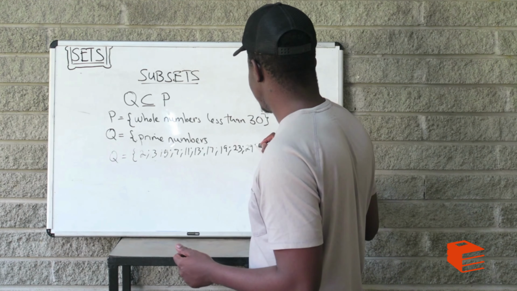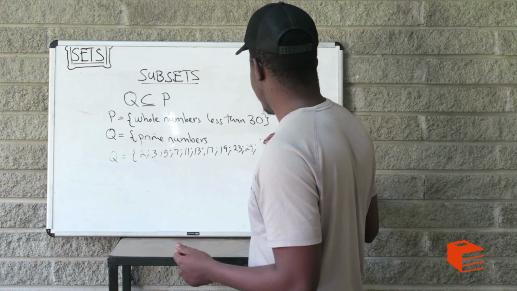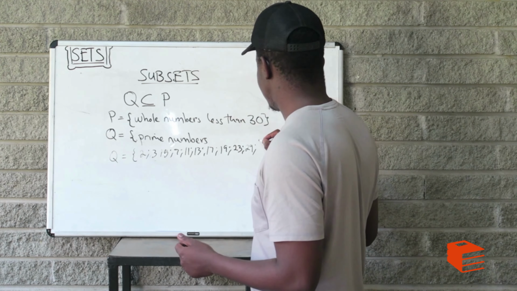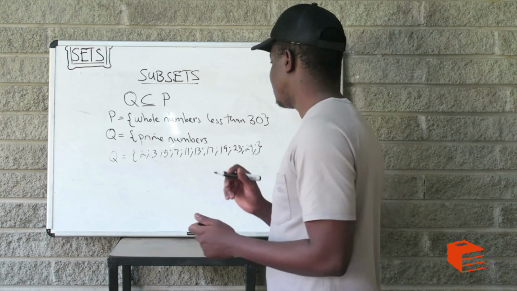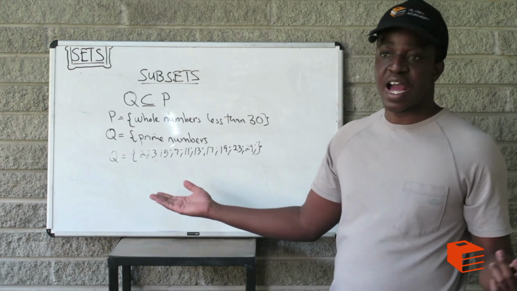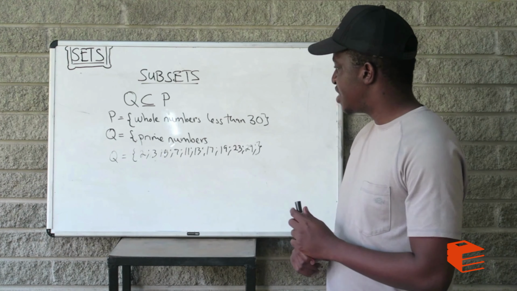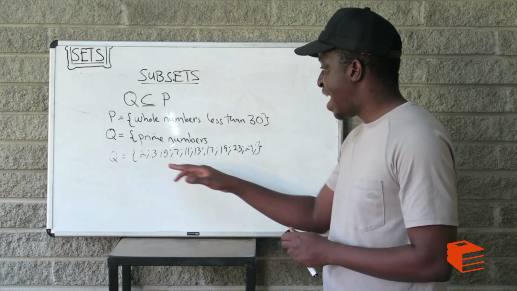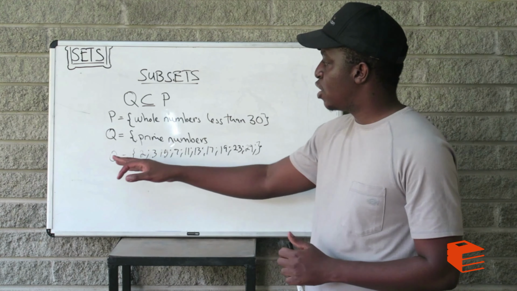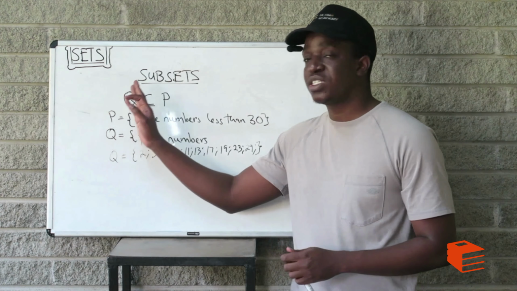Yes, 29. And then, yes, that's it. So these are the elements that belong to Q, which is a subset of P. If I'm wrong, please correct me in the comments.